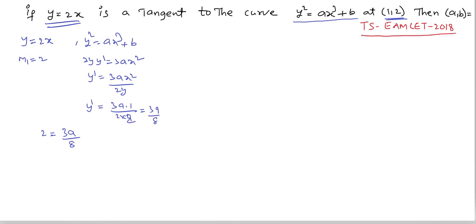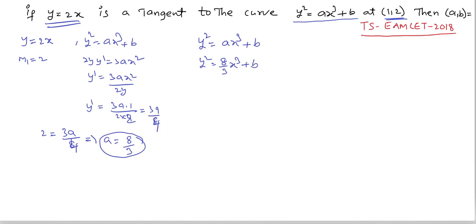So the slopes are equal, that is 2 = 3a/8. From this, a = 8/3. This is the a value. The given curve is y² = ax³ + b, so y² = (8/3)x³ + b. This curve passes through the point (1, 2).